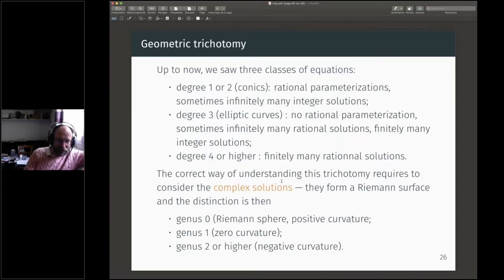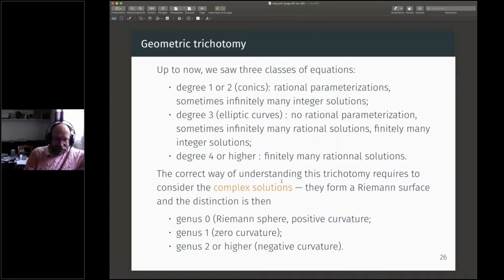In genus 0, it's something like the sphere, and the curvature is positive. In genus 1, it's something like a torus, a donut. And in genus 2 or higher, it's a donut with many more holes, not only one hole, but many holes. And then it's something like negative curvature.